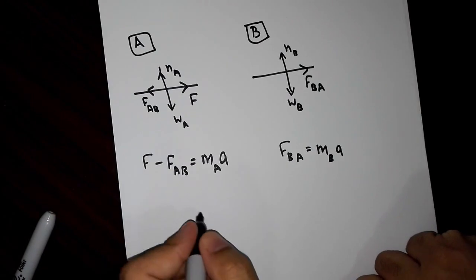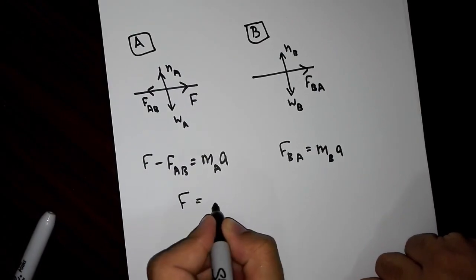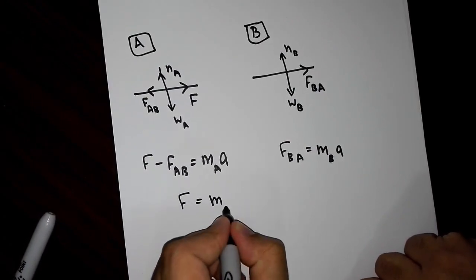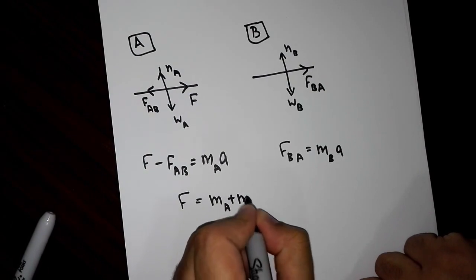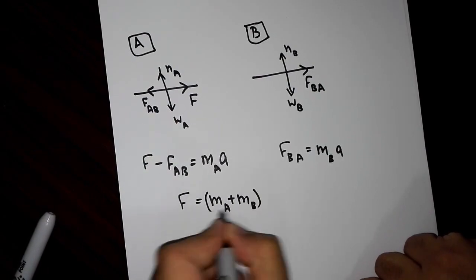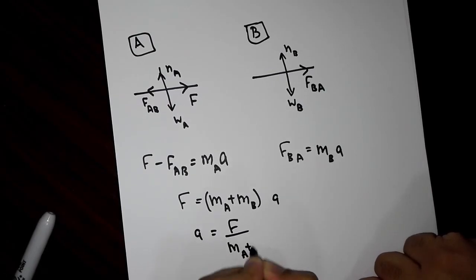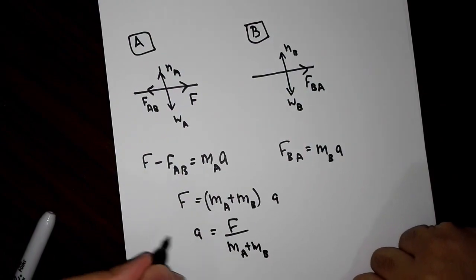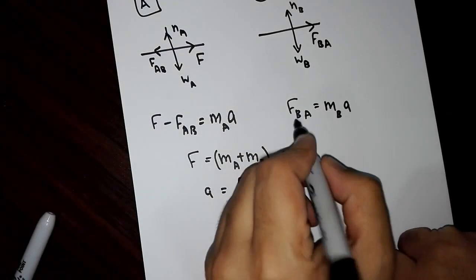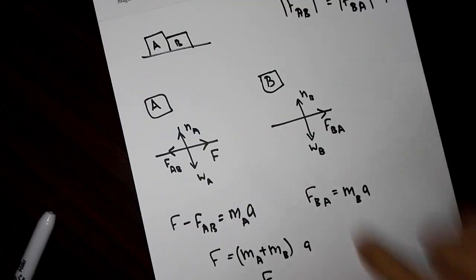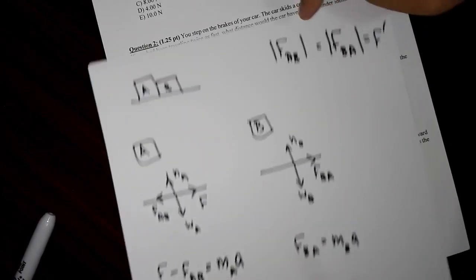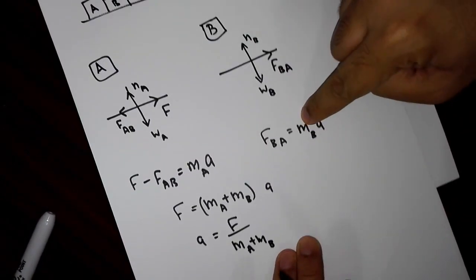So if you add these two together, you get F equals MA plus MB times A. So acceleration is F over MA plus MB. That will give you the acceleration of the system, and then in order to get the action-reaction force, in this case, you can just use this equation over here.